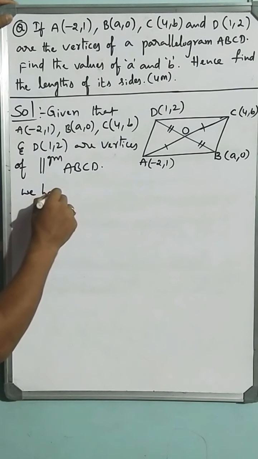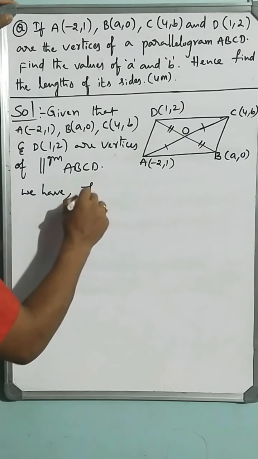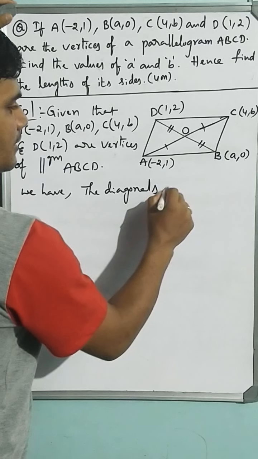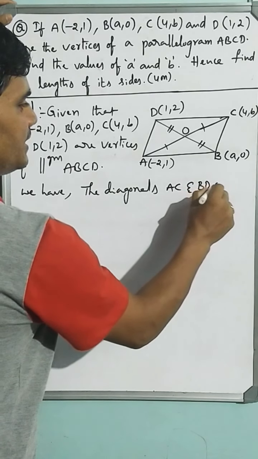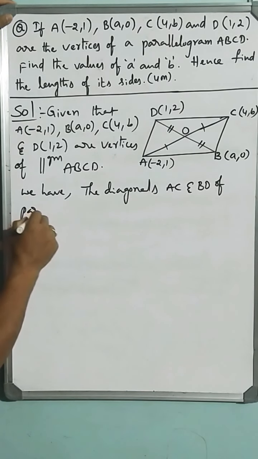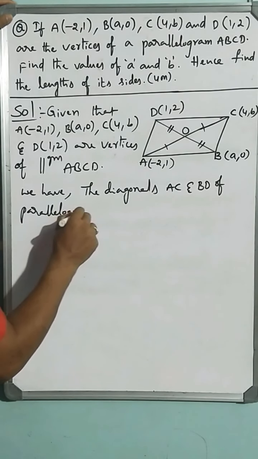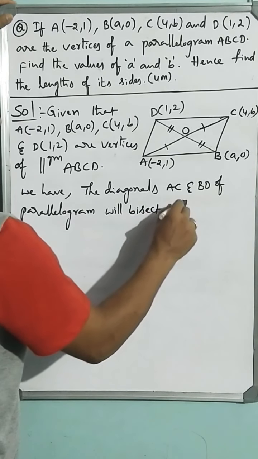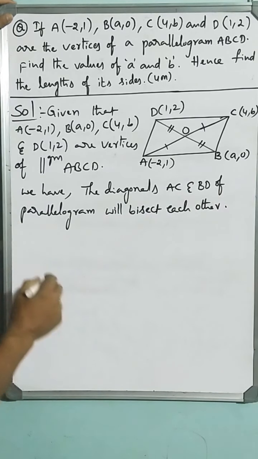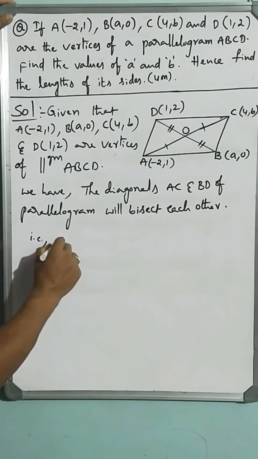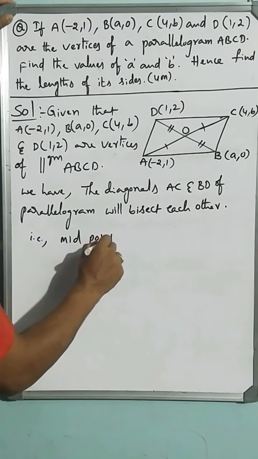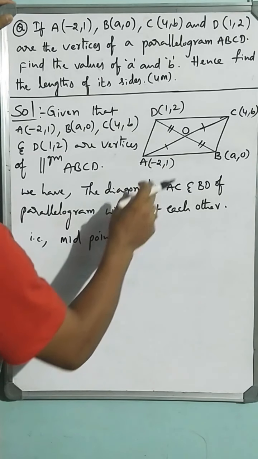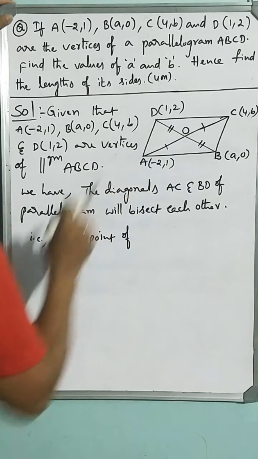The diagonals AC and BD of the parallelogram will bisect each other, that is, the midpoint of... A bisector means the segment passing through the midpoint only. So for AC, O is the midpoint, and for BD also O is the midpoint.